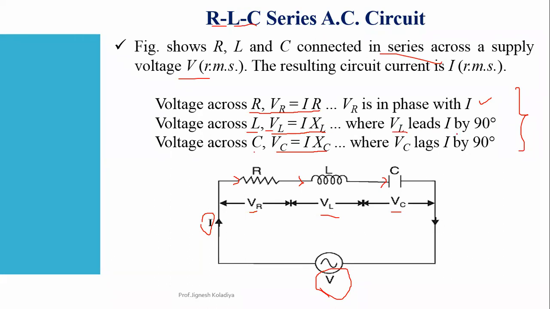Don't confuse, current is lagging. VL leads means you can draw like this. This is current; if I am taking current as reference, then here it is VL. So VL is leading, that means current is lagging by 90° in case of inductor, and current is leading by 90° in case of capacitor, or voltage is lagging with respect to current by 90° in case of capacitor.